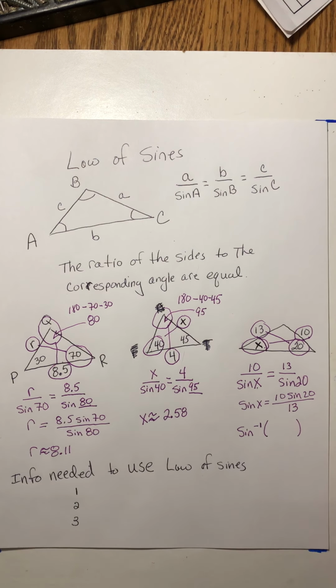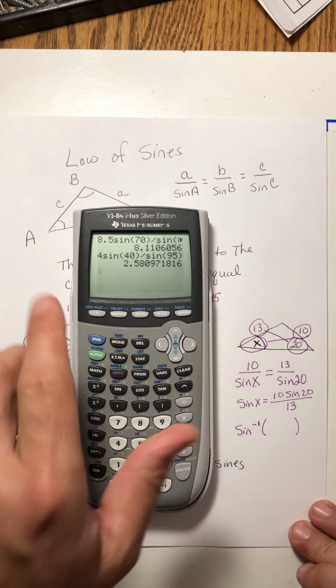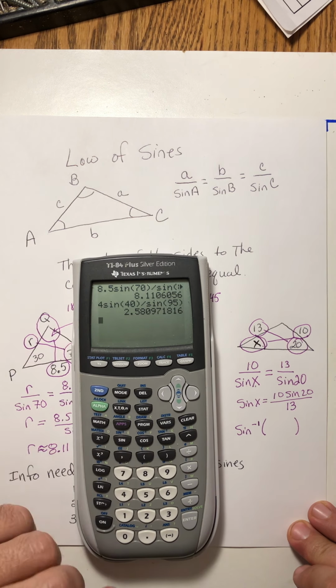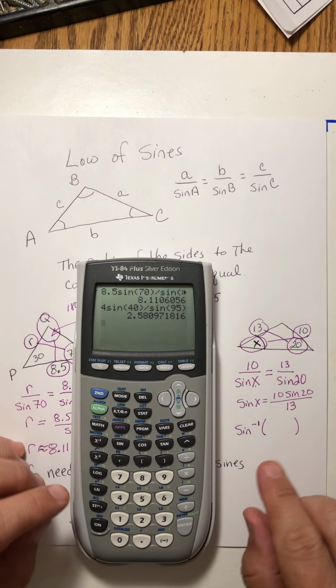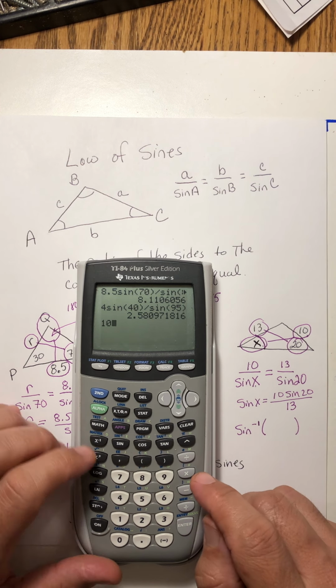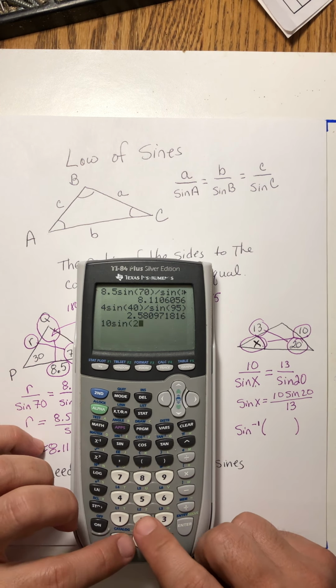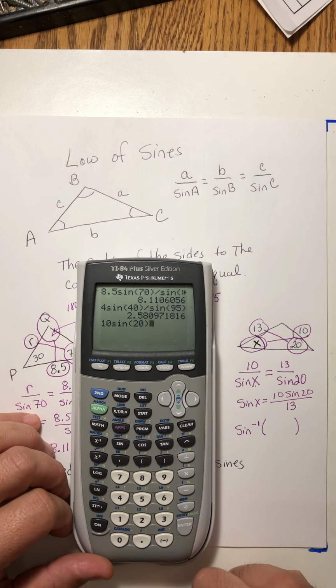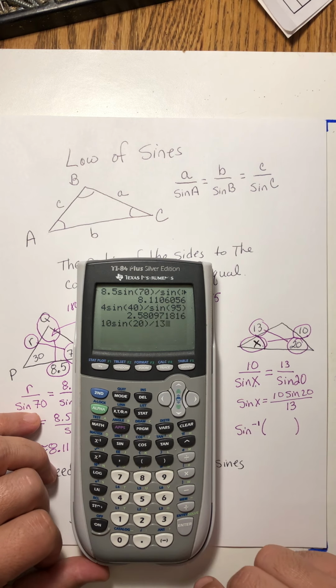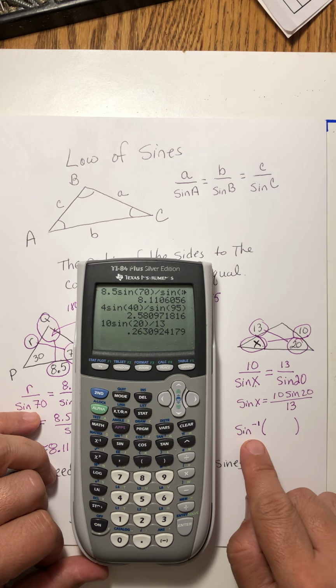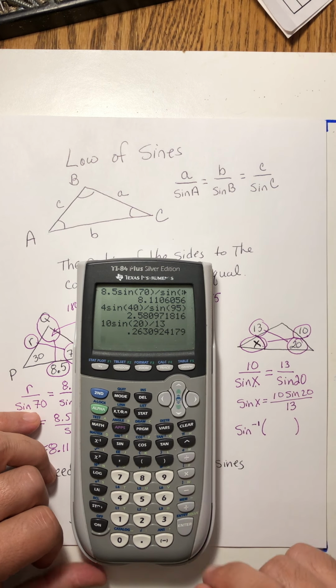So what I'm going to do in the calculator then, just to save some time, is type my 10 sine of 20, close parentheses, divided by 13, and then hit enter. Now I'm going to do inverse sine of that answer.